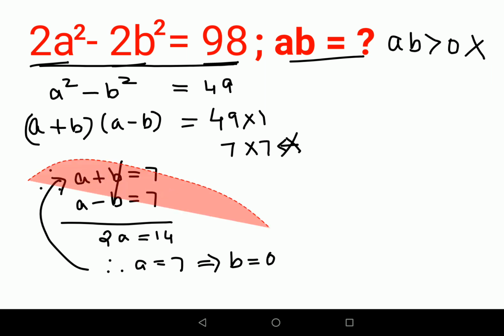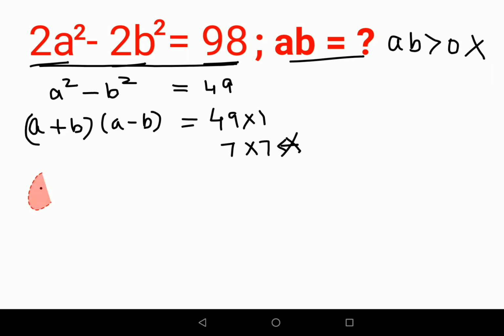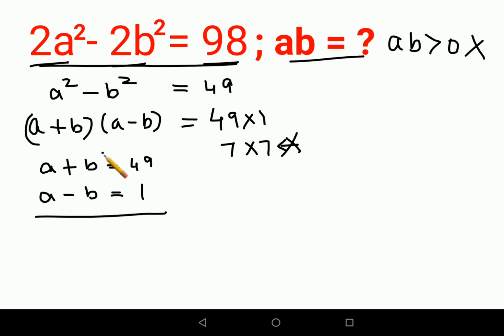So now let's try and put the other factor in this place. What we'll get is a + b = 49 and a − b = 1. So now when you add them, you get 2a = 50. Therefore, a value is coming out to be 25.